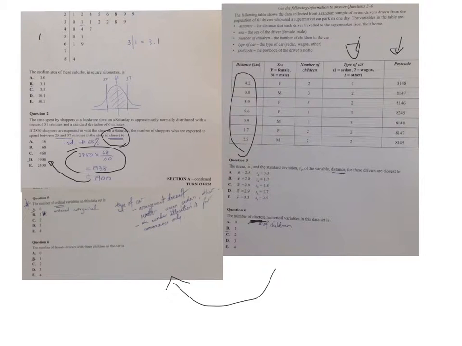Question 5. The number of ordinal variables. Ordinal is a type of categorical data which is ordered. There are no ordered things. So an example of ordinal is, what's your opinion of Kubo and the Two Strings, the movie?